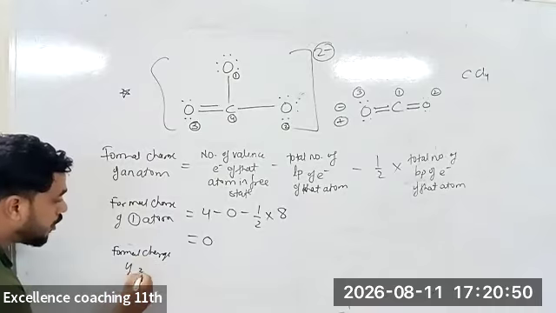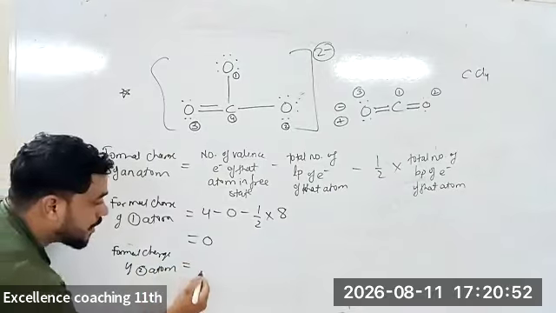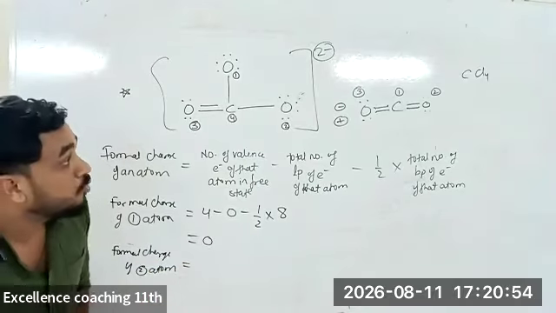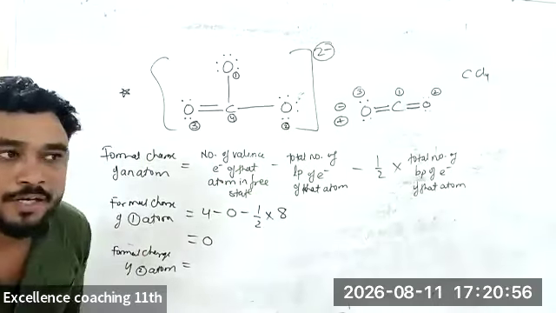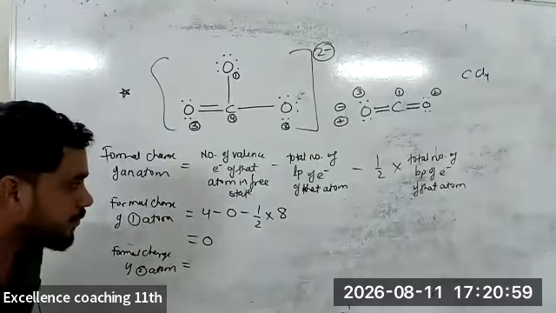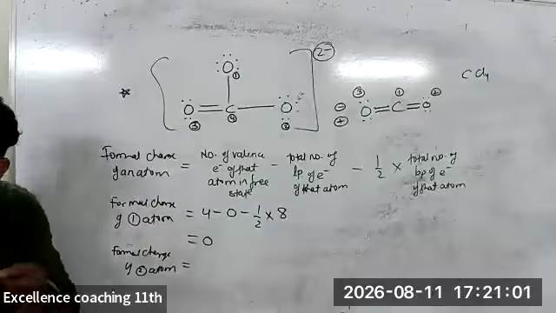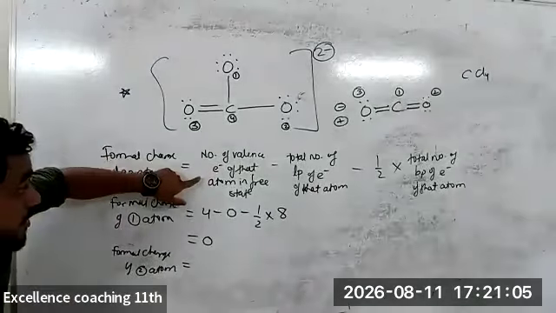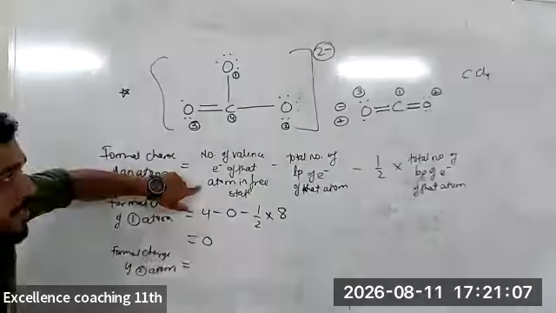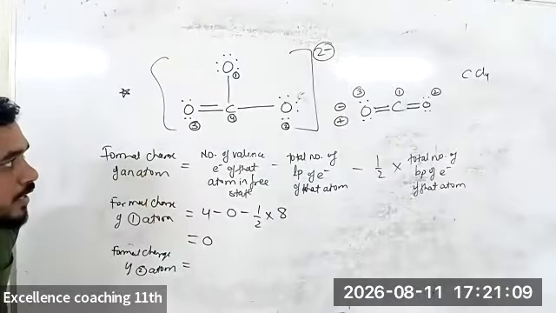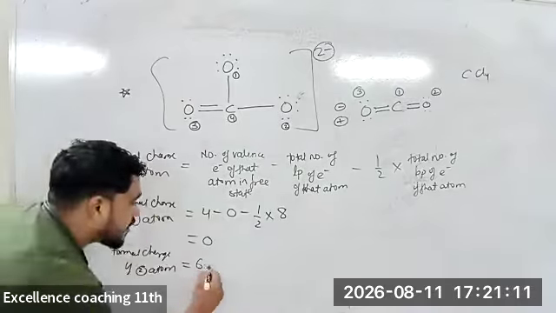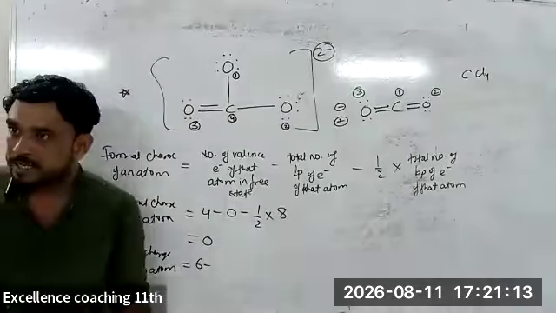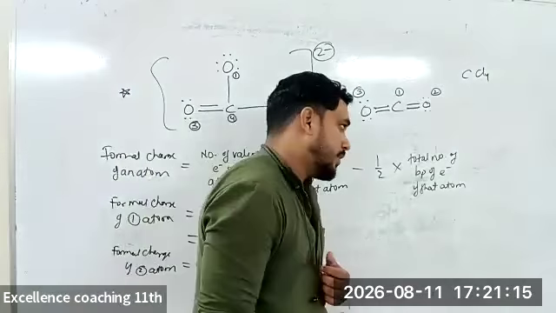Formal charge of the second atom. Second atom is which one? Oxygen. It should be 0. Let's see. Let's do direct substitution in the formula. What is the first thing? Number of valence electrons of the atom in the free state. For oxygen it is 6.